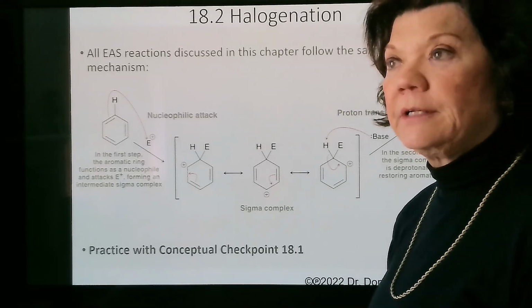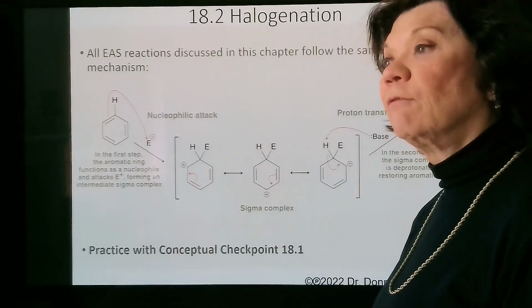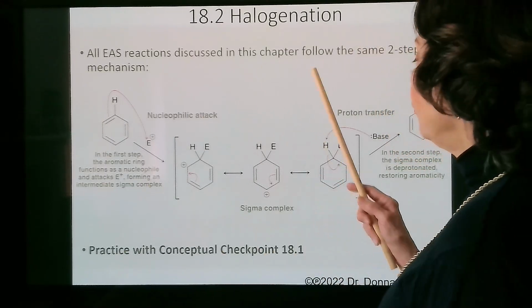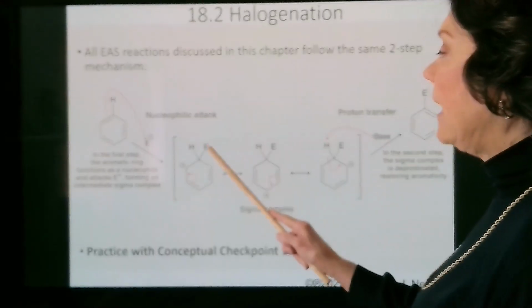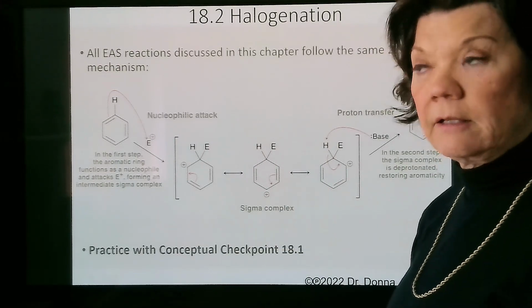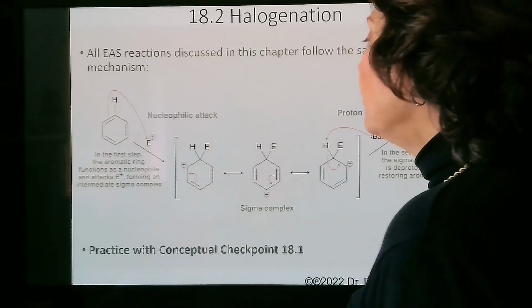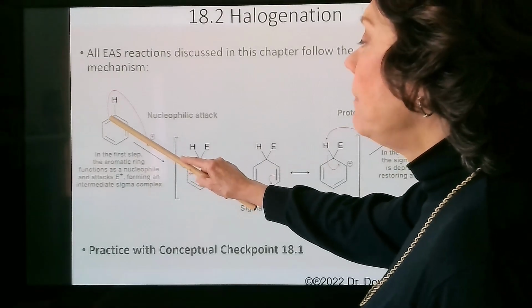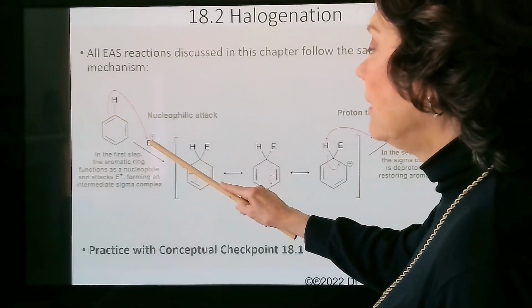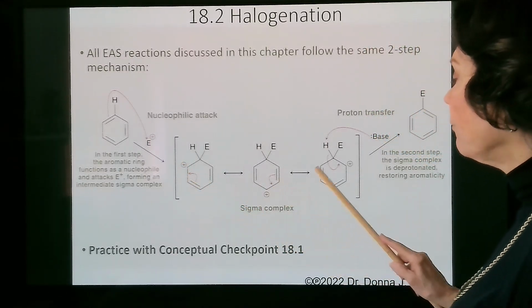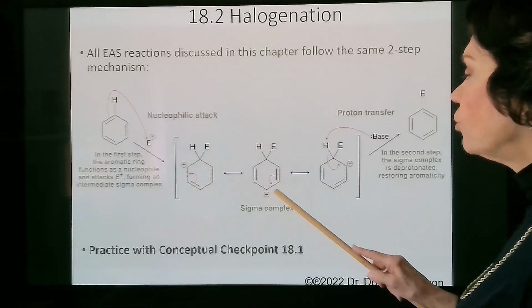You'll have to be able to predict the electrophile from the set of reagents, and you'll have to be able to predict the functional group that is attached from the electrophile or from the set of reagents. So you can see the general mechanism. The pair of electrons attacks the electrophile. Then the positive charge rotates around the ring and in different resonance structures.